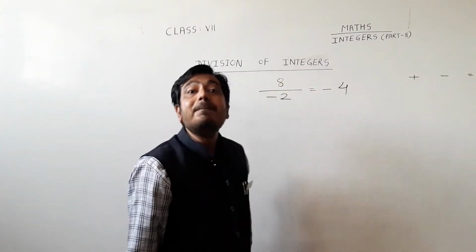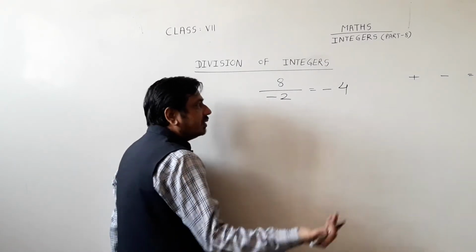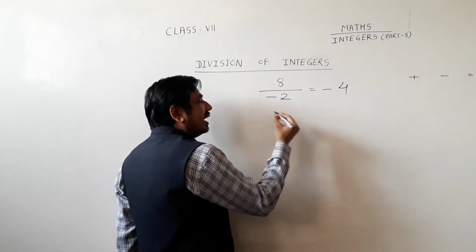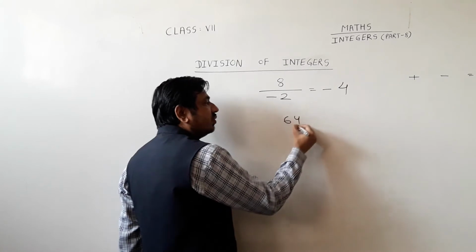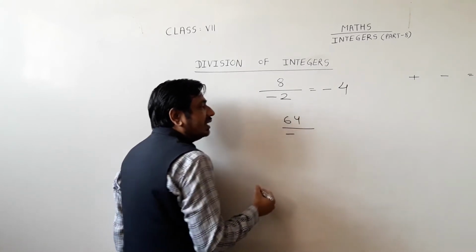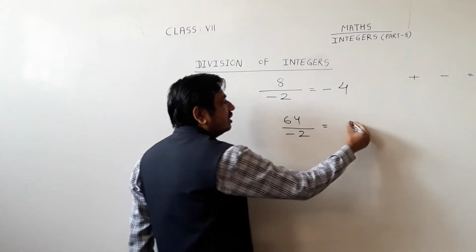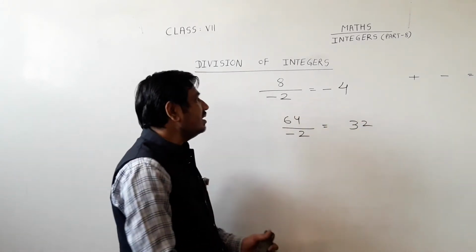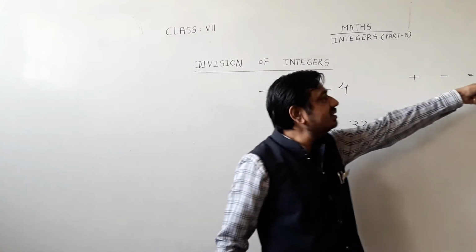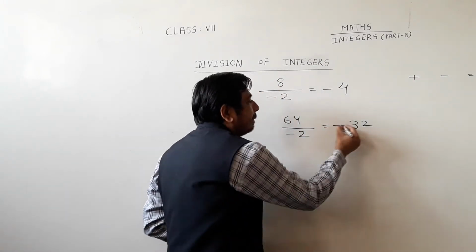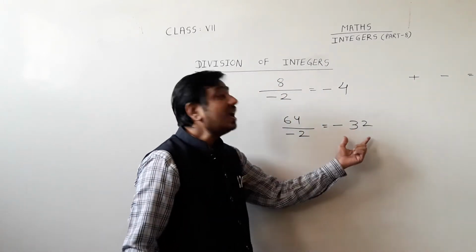It is also minus 4. Now class, take one more example. Suppose I want to divide 64 by minus 2. Take 64 divided by 2, it is 32. Now class, sign plus and minus, plus minus, the sign is minus. You get minus 32 as the answer.